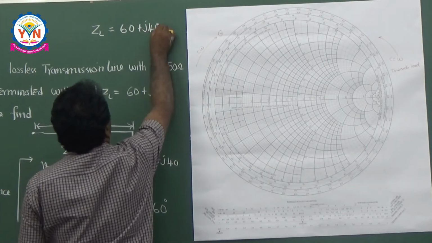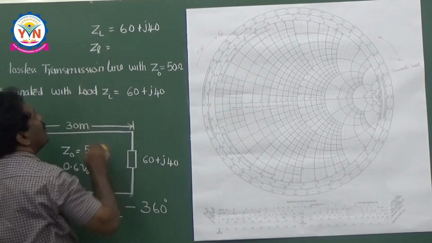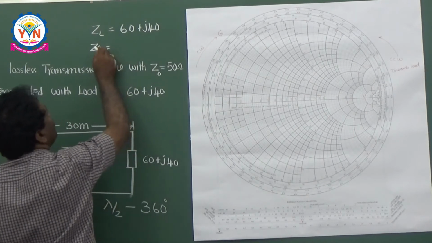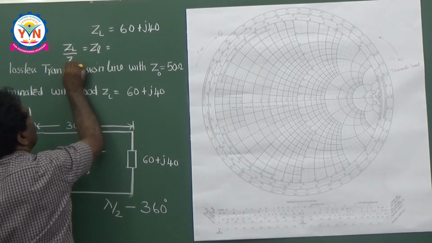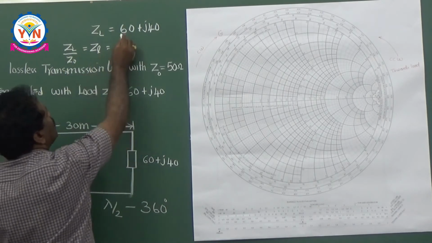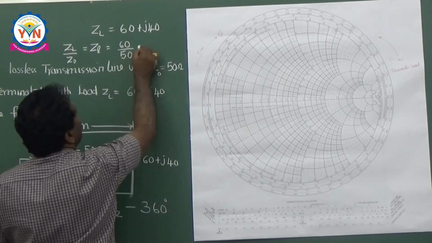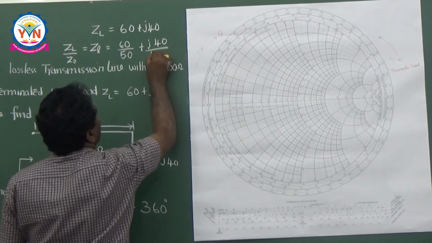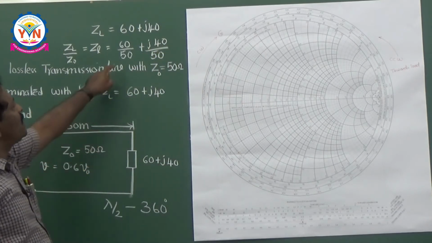I want the normalized impedance, small z l, it is a notation I am using. So normalization means dividing by Z0. That means this is equal to ZL by Z0, divided by the characteristic impedance. So 60 by 50, because the characteristic impedance is 50, plus J40 divided by 50. So what is this 60 by 50?